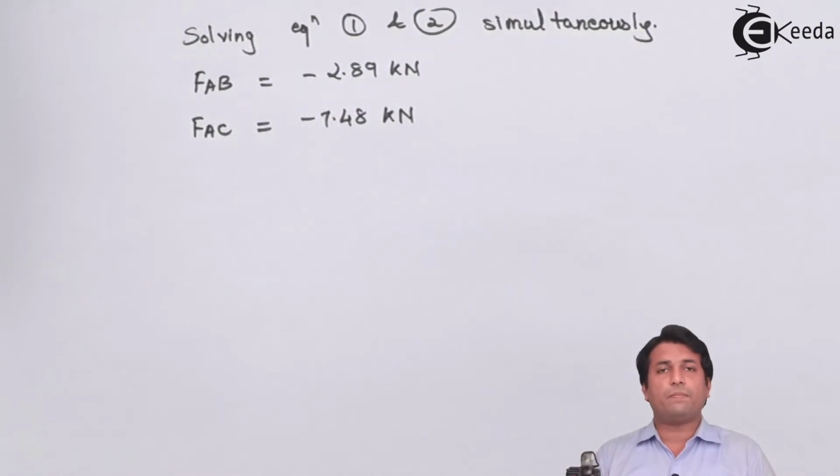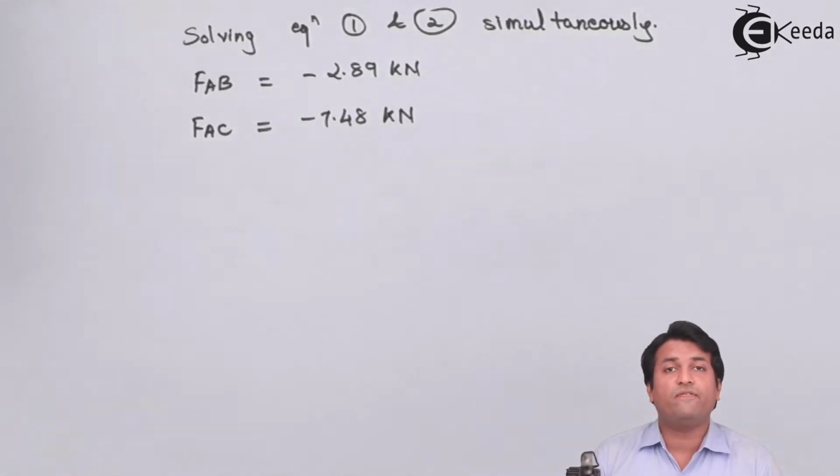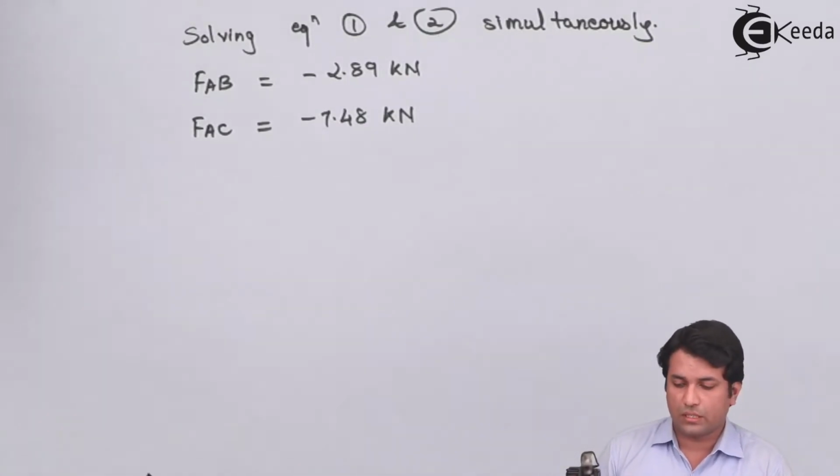Now, both the values that I'm getting are negative. That means the force in member AB and in AC are compressive forces.